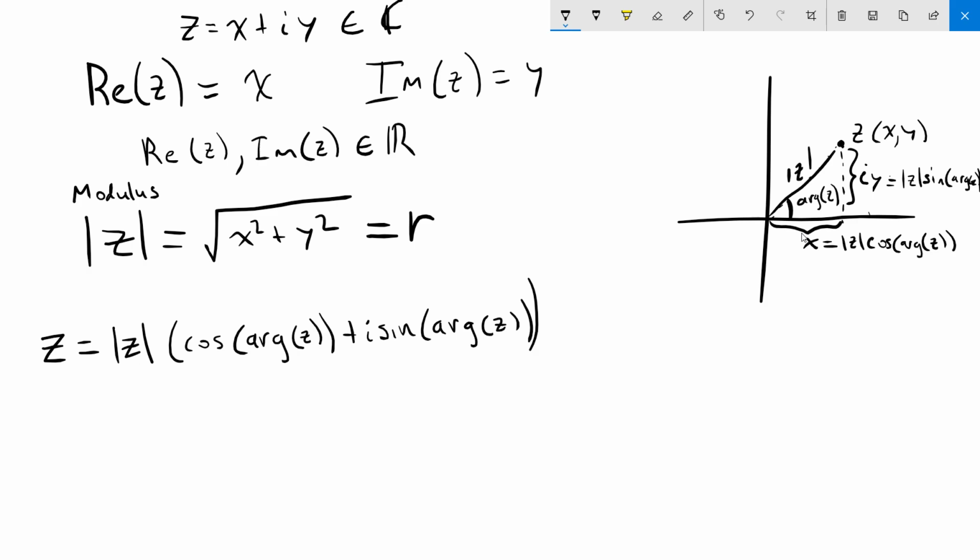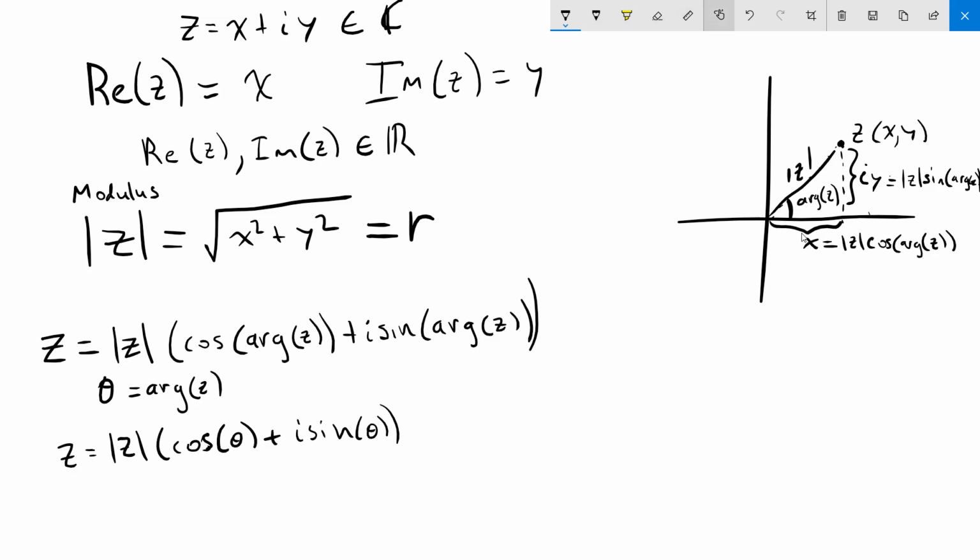Okay, so this is really convenient. For shorthand, let theta equal argument of z. Then z can be written as modulus of z times cosine theta plus i sine of theta.